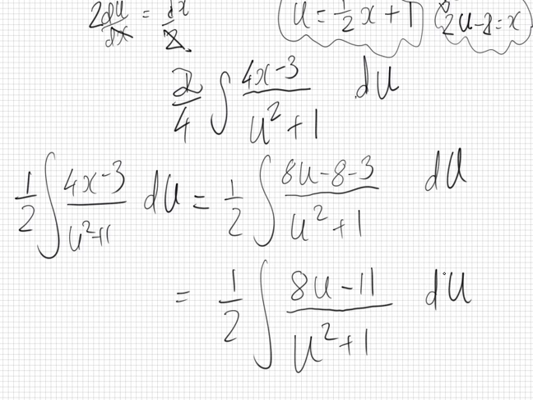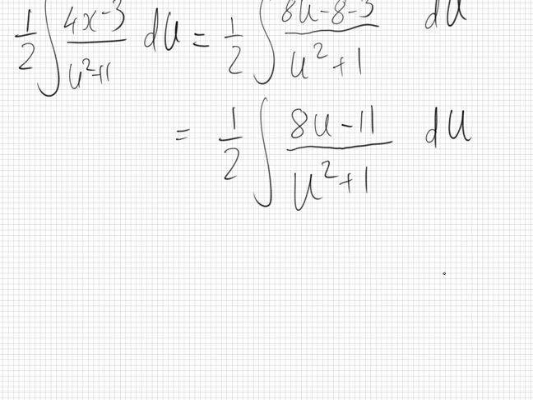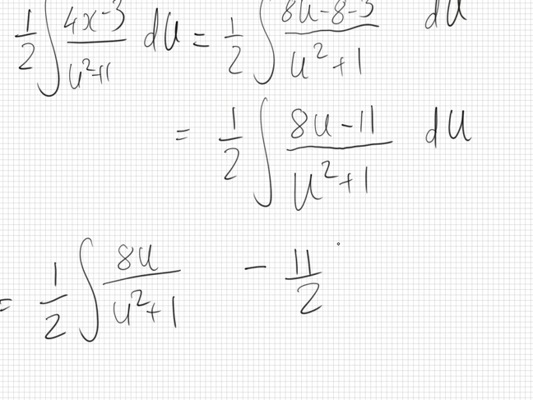In fact, if you separate this into 2 fractions, it becomes more doable. So I'll split this up into 2 now. So the first one will be a half 8u over u squared plus 1 minus 11 over 2 times 1 over u squared plus 1 du.